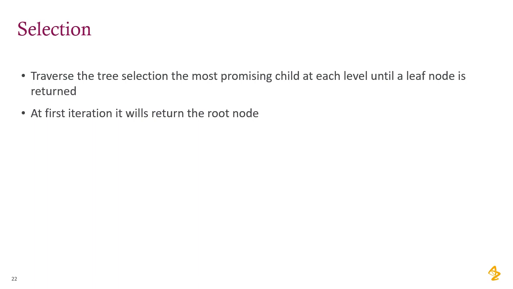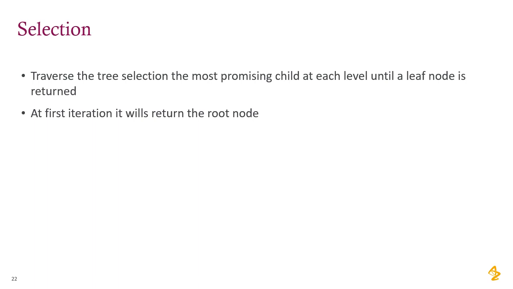So first we have selection, and I will not talk so much about that. I will not go into any details, but basically we traverse the tree, selecting the most promising child at each level of the tree until we reach a leaf node.